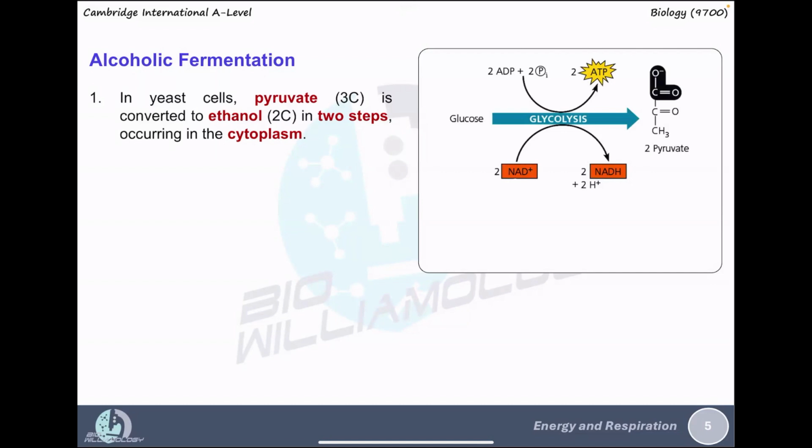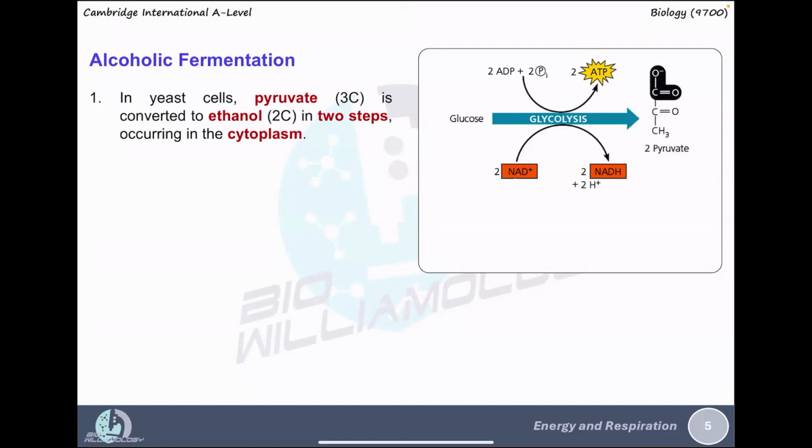Through glycolysis, glucose is oxidized to form pyruvate. During this process, NAD accepts hydrogen atoms from triose phosphate to form reduced NAD. This reaction allows the cells to harvest a net gain of 2 ATP per glucose molecule.